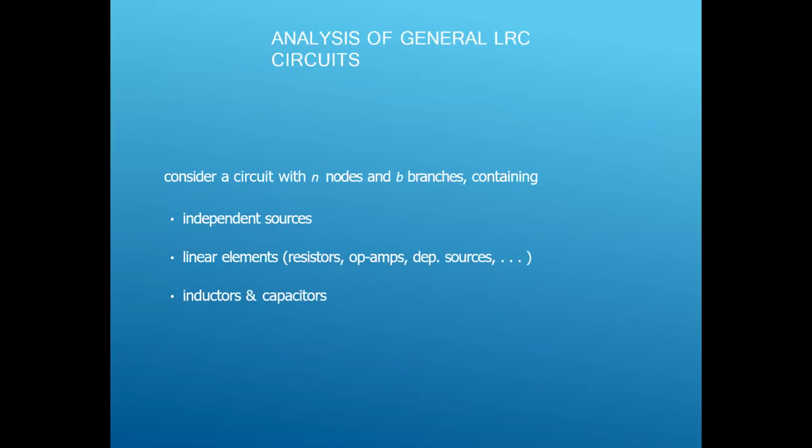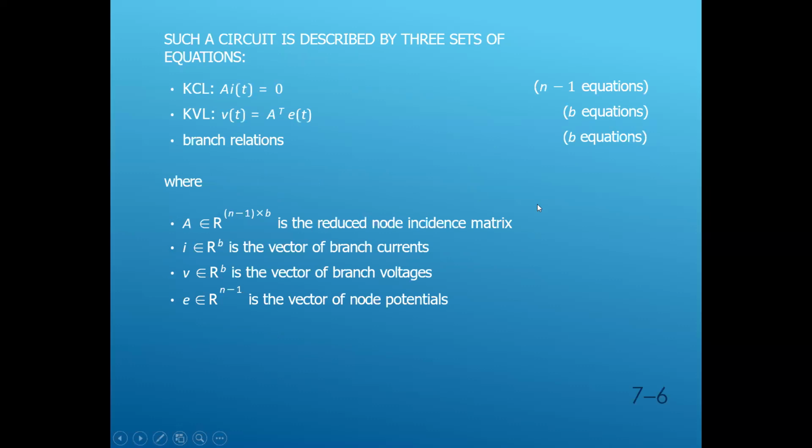Analysis of general LCR circuits. Consider a circuit with n nodes and b branches containing independent sources, linear elements, resistors, ohms, inductors and capacitors. Such a circuit is described by three sets of equations: KCL, KVL, and branch relations.